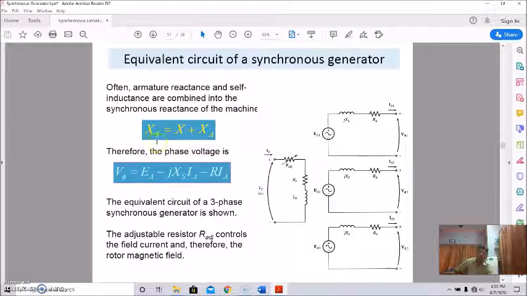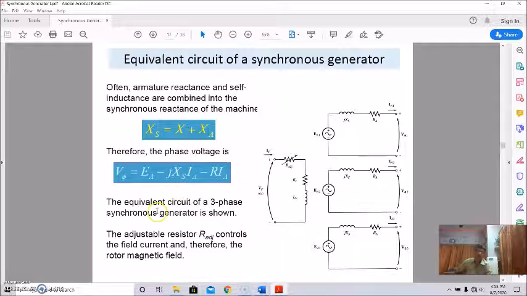Therefore this equation can be written as the phase voltage equals the induced EMF or excitation EMF minus jXS IA minus R IA. This can be written again as the phase voltage equals excitation EMF minus jIA into (R plus XS). This R plus XS is basically the synchronous impedance.